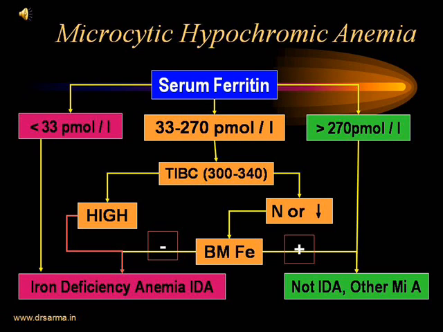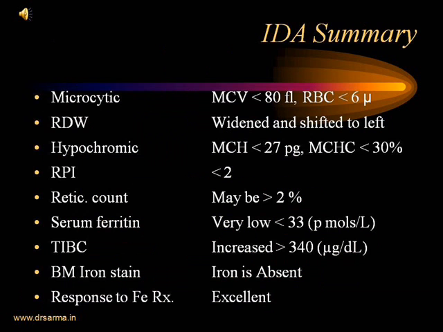Supposing a patient has microcytic hypochromic anemia with serum ferritin greater than 270 picomoles per liter, it is not iron deficiency anemia. It is because of some other cause like sideroblastic anemia, hemoglobinopathy, chronic infections and things like that. Is that clear?